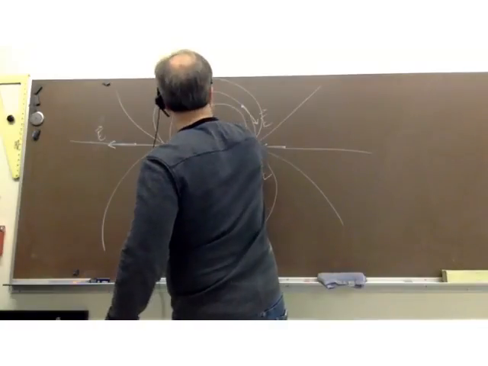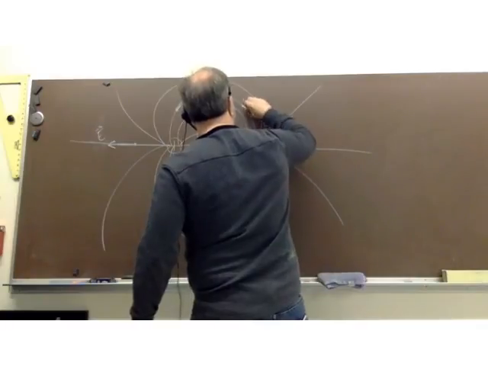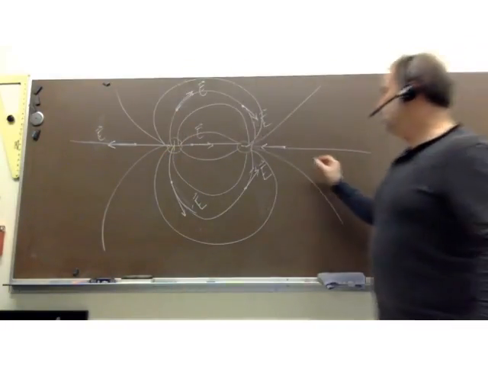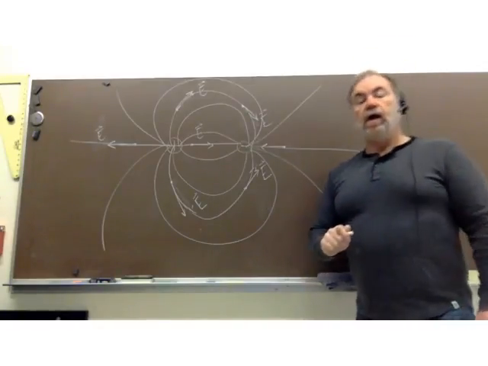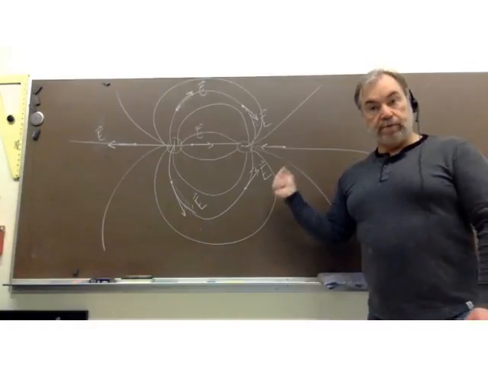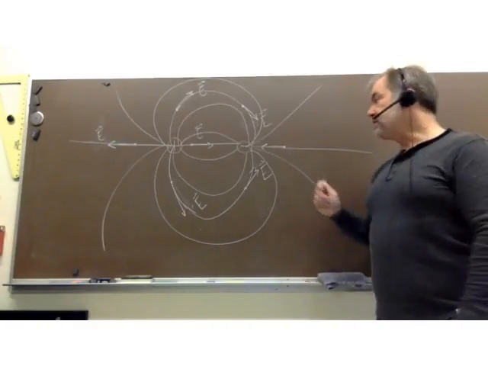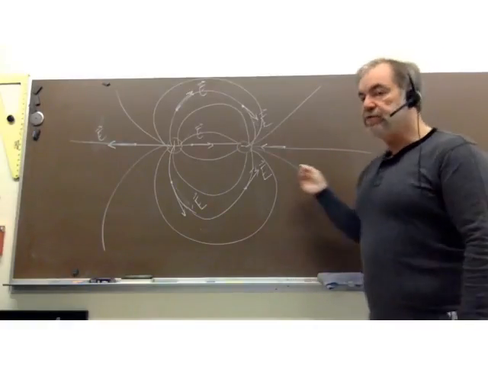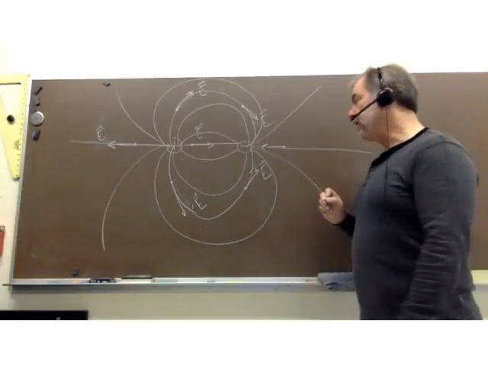Okay, so there we are. As I say, the purpose of the field diagram is to simplify the process of picturing the field, because a paper full of vectors is not particularly informative, but a field diagram is a little easier to record.